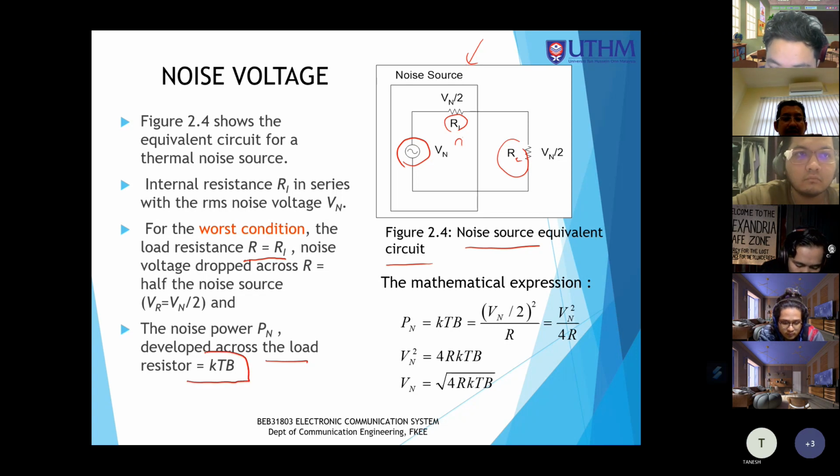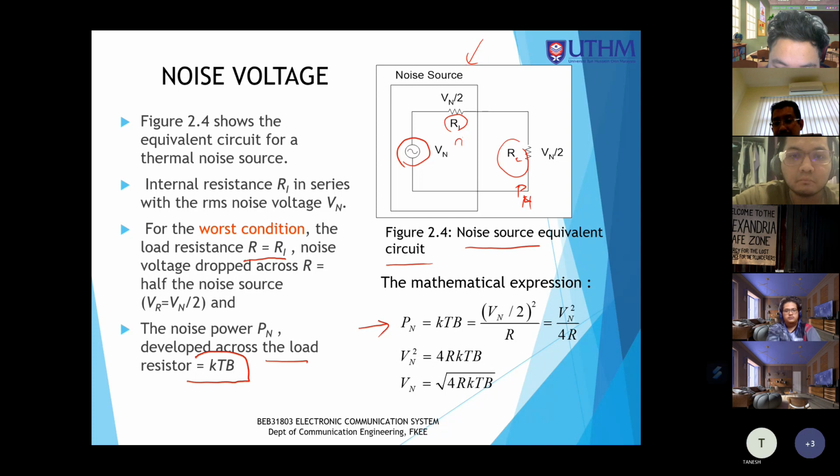So ini yang kita telah lihat tadi K times T times B. So the noise at the load Pn at the load side is KTB. Okay, this is at the load side K times T times B. So kalau kita tukar power kepada dalam sebutan voltage, dia adalah Vn over 2 over R square.